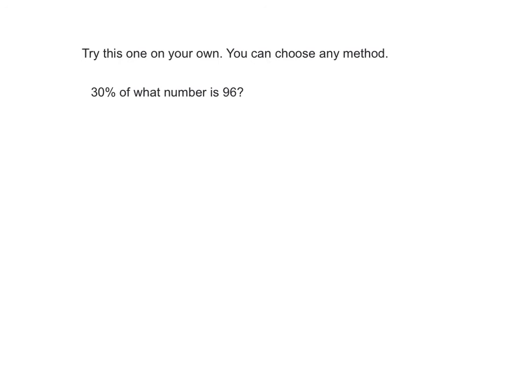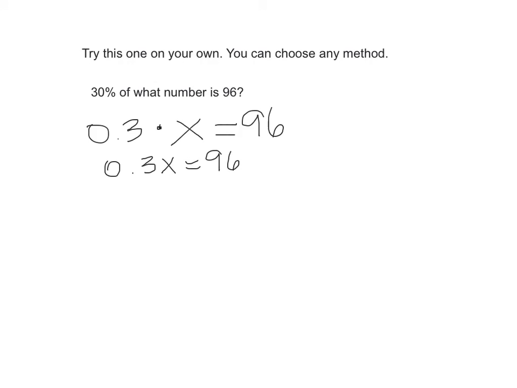Okay, let's try the equation first. So I have 30%, so I'm going to write 0.3 for the 30% equivalent using a decimal. And then I see the word of, so I'm going to put a multiplication, of what number? x, is equals 96. I will now simplify this. This will be 0.3x equals 96.